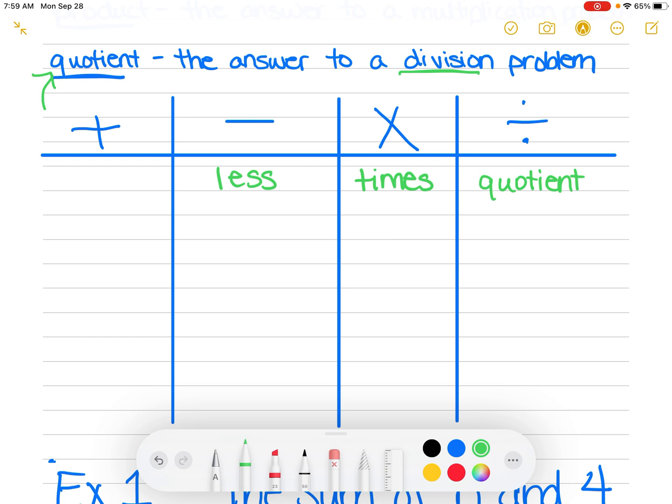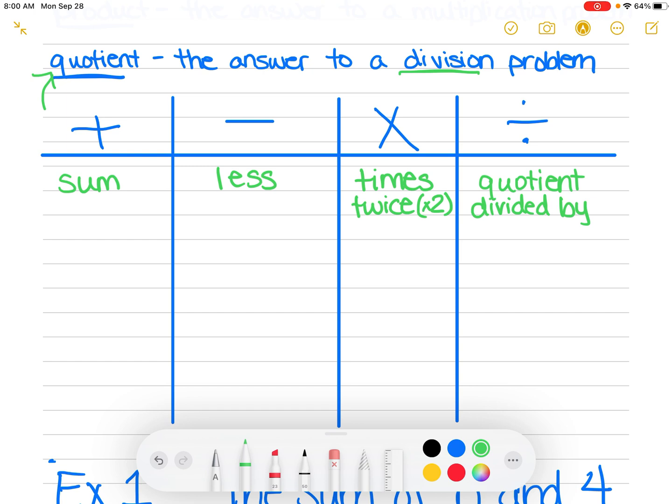Okay, the next one is sum. Sum would mean plus. Then we have the word twice. Well, twice means times 2, right? So I'm going to put twice here, and then in parentheses, I'm going to put times 2. Okay, the next one is divided by. Well, that one's easy. It's underneath the division sign, divided by.